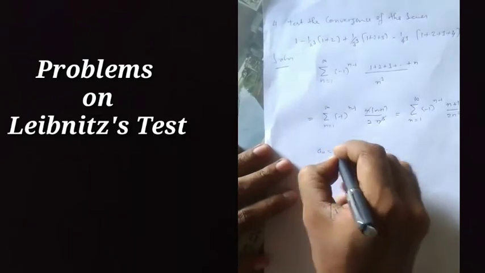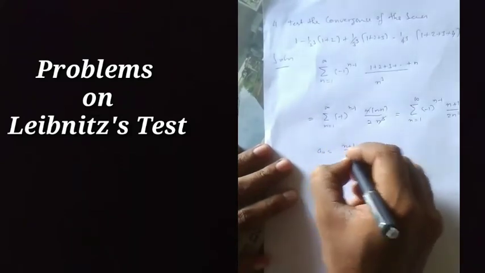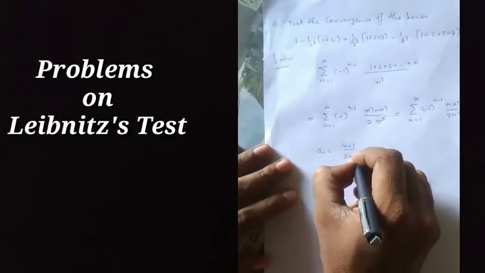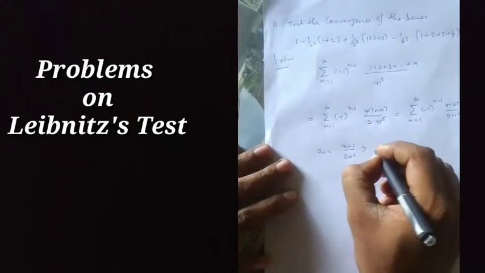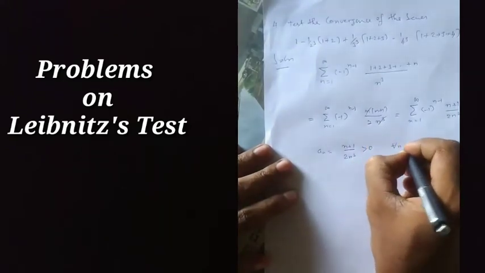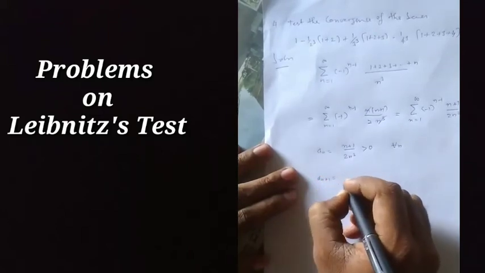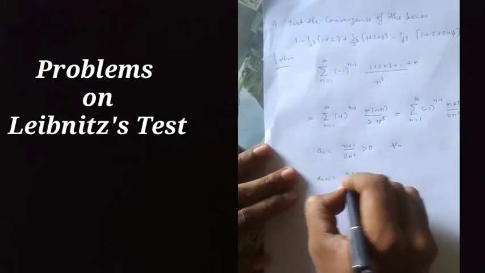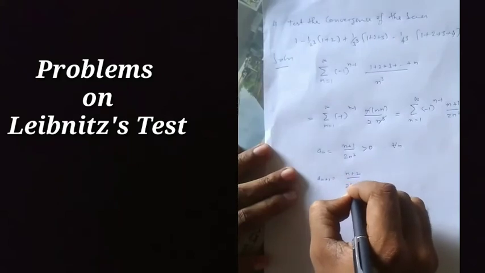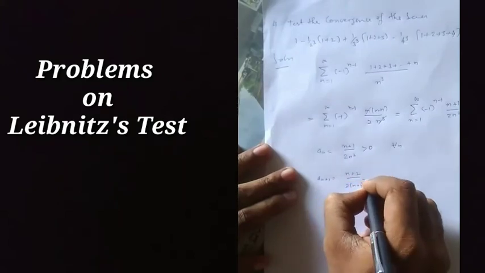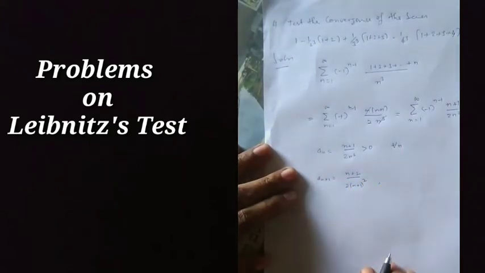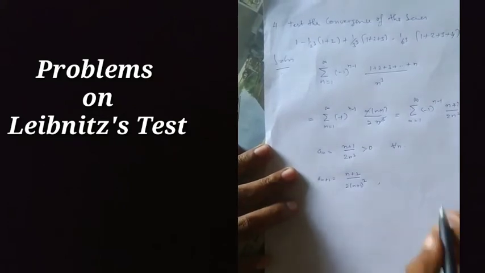Here our an is equal to n plus 1 divided by 2n square, and this is obviously greater than 0 for all n, and our an plus 1 is equal to n plus 2 divided by 2 times n plus 1 whole square.